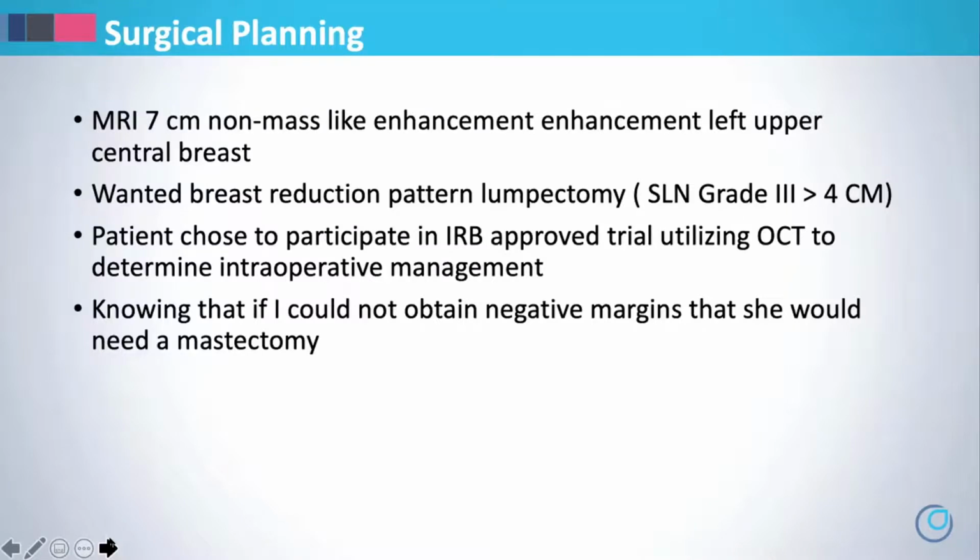We chose to offer her participation in our IRB-approved trial utilizing the OCT to help me determine intraoperative management. She was well aware from the beginning. We did present her at our multidisciplinary NAPBC accredited tumor board. Everybody was on board, and the patient was very happy with this plan.